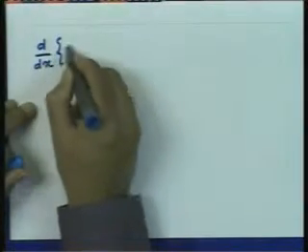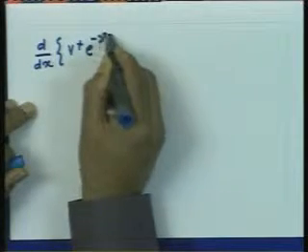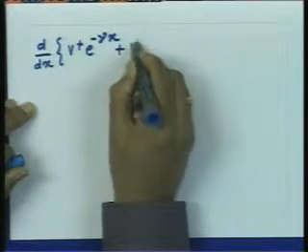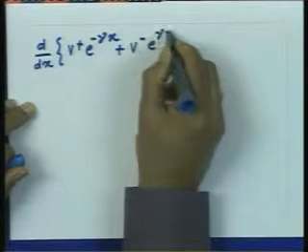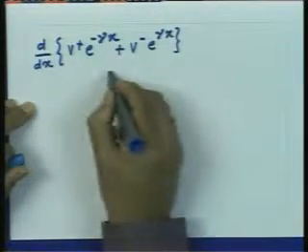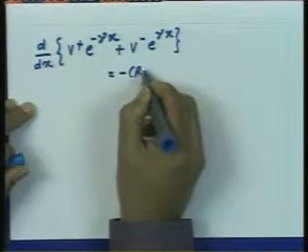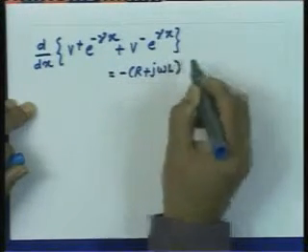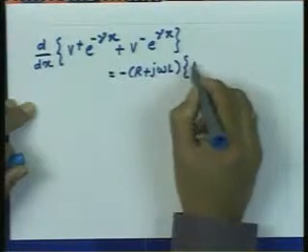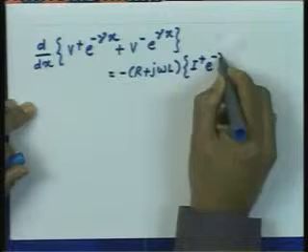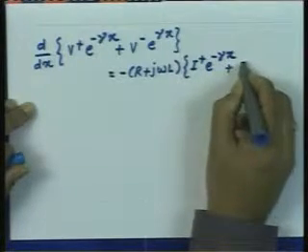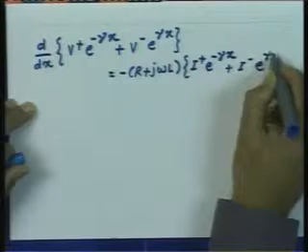Let us do that. So, substituting for V and I expressions for the general voltage solution, I get d by dx of (V plus e to the power minus gamma x plus V minus e to the power plus gamma x), that is equal to minus (r plus j omega L) times (I plus e to the power minus gamma x plus I minus e to the power gamma x).